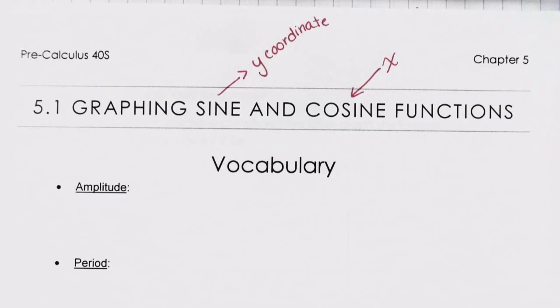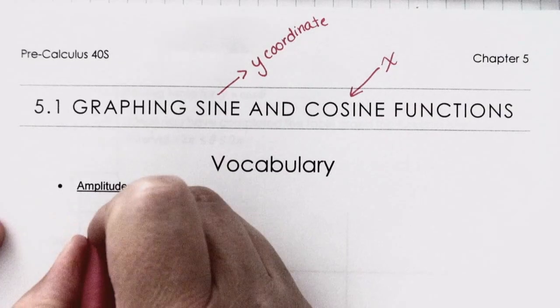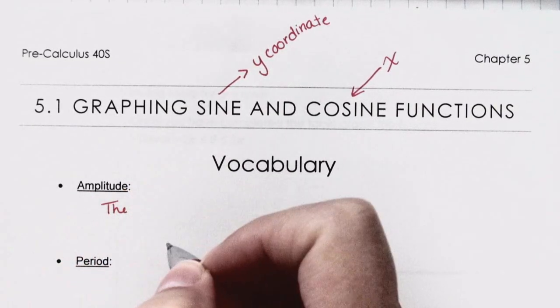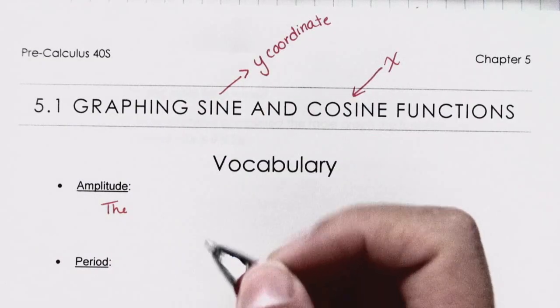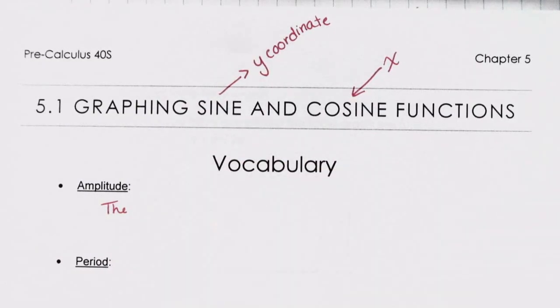Have you guys done any physics? It is part of the wave. Okay, what part of the wave is it? The height. Yeah, the height. From zero to either peak, or from the peak to the middle, or the trough to the middle. Okay, good.